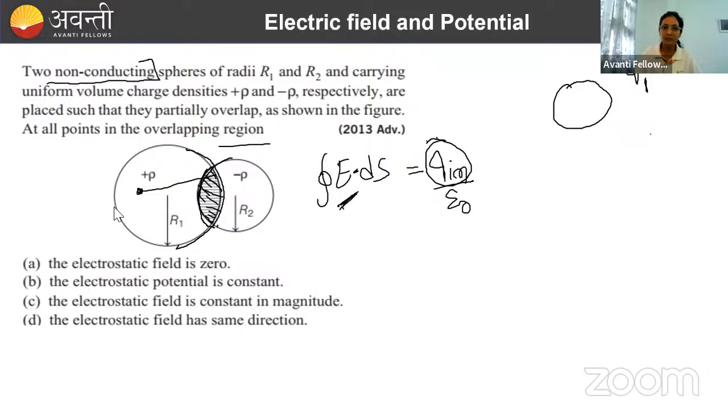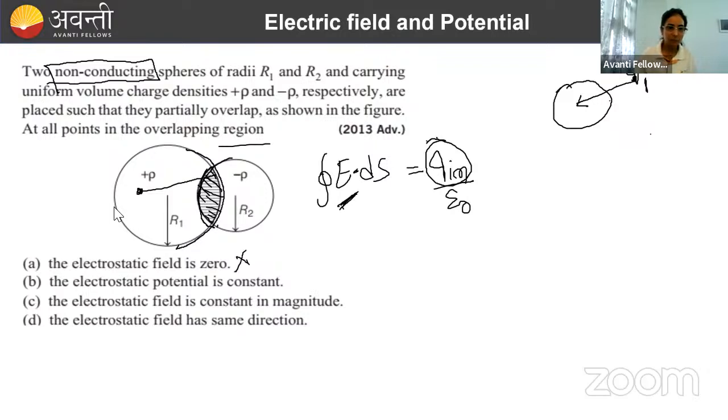Because of this Q1 charge, some electric field will be there inside, since the field of this charge can penetrate the non-conducting surface. So flux is definitely zero, but the electric field is not zero.